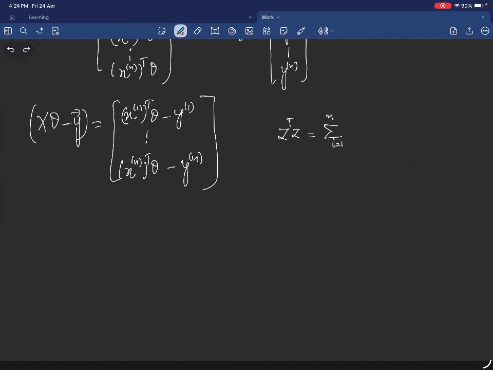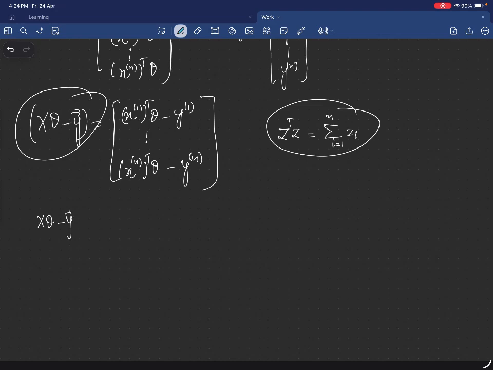If we apply the same formula here for this expression, (x theta minus y) transpose (x theta minus y) will be equal to the sum of the squares of the elements of the matrix. The elements of the matrix are these. So we'll write the summation as i goes from 1 to n of (xi transpose theta minus yi) squared.